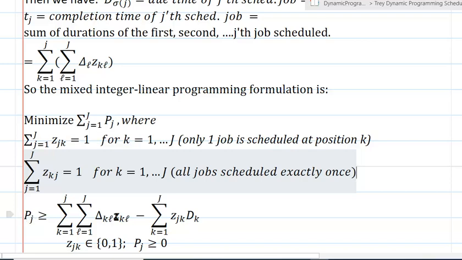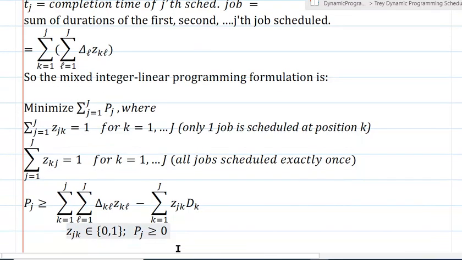So I have this condition, penalty is greater than or equal to this difference, but penalty is also greater than or equal to 0. And I also have the condition that z_jk is either 0 or 1. So these conditions hold for 1 less than or equal to j and k less than or equal to n. So you can see that this is a very concise formulation here.